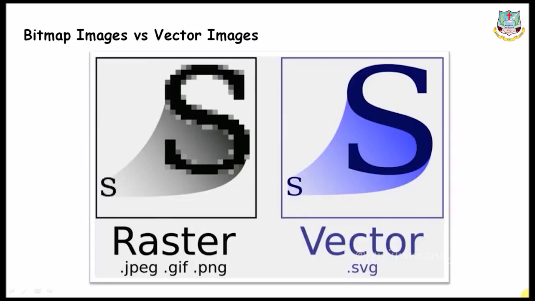These compression formats are used for GIF, TIFF, JPEG, which you would have heard. Bitmap images will be in JPEG, GIF, PNG formats. But vector images, we have seen PDF, right?